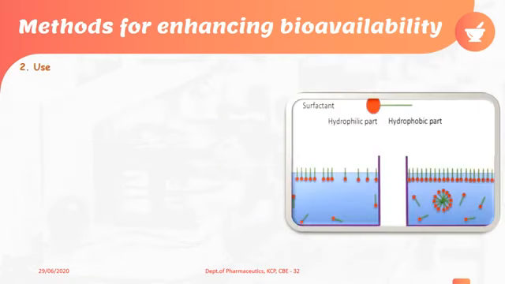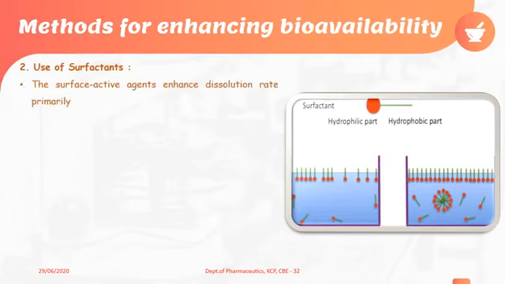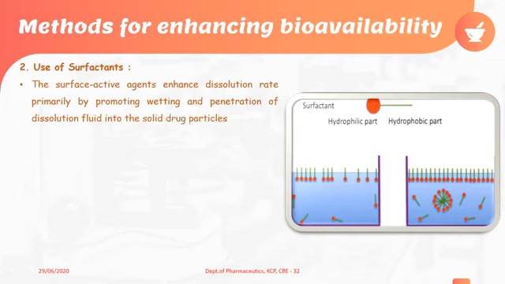The second method for enhancing bioavailability is the use of surfactants. Surface active agents, or surfactants, enhance the dissolution rate primarily by promoting wetting and penetration of dissolution fluid into the solid drug particles.